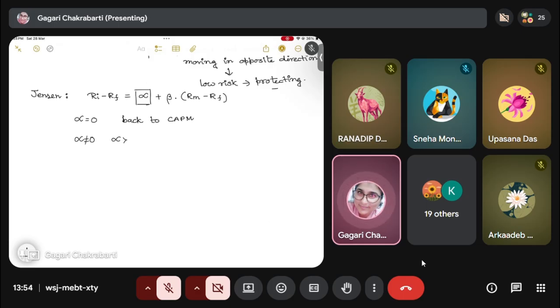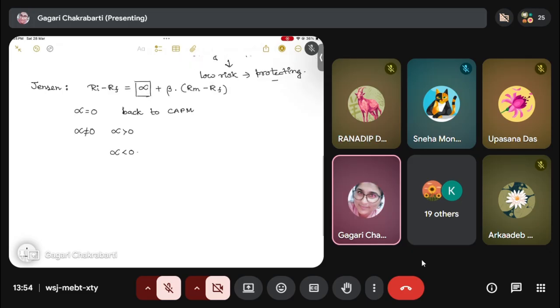আচ্ছা, এবার তাহলে alpha not equal to 0 মানে alpha can be greater than 0 or alpha can be less than 0. How do you interpret the case when alpha is greater than 0? Alpha greater than 0 কি হলে কি হয়? তার মানে Ri minus Rf is equal to beta into Rm minus Rf plus something positive.